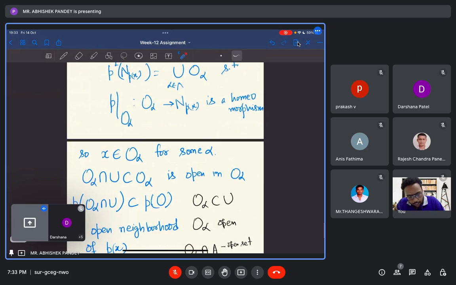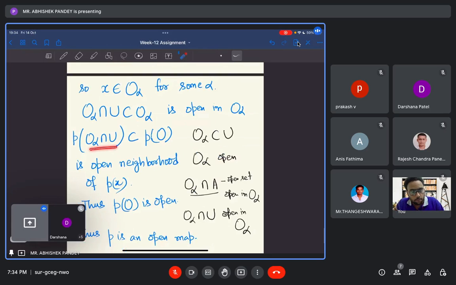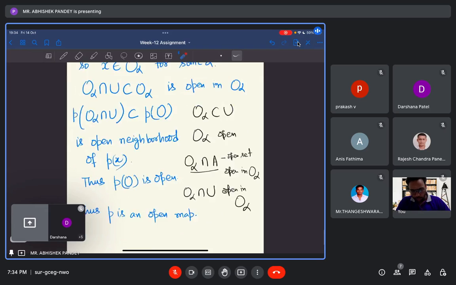Because p restricted over O alpha is already a homeomorphism. So p restricted over O alpha maps any open subset of O alpha to an open set, and this is an open subset of O alpha. So this whole is an open set in p of O. That's why it is open in p of O. So far so good.